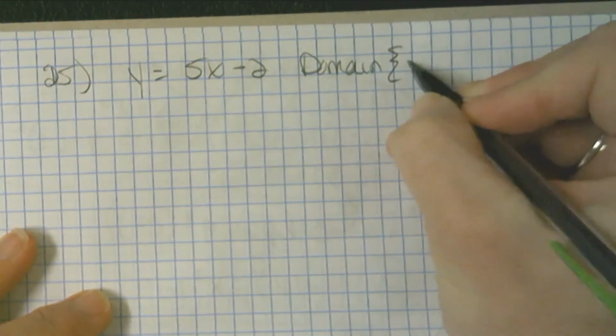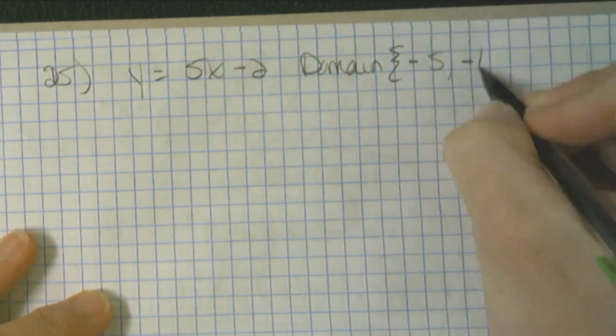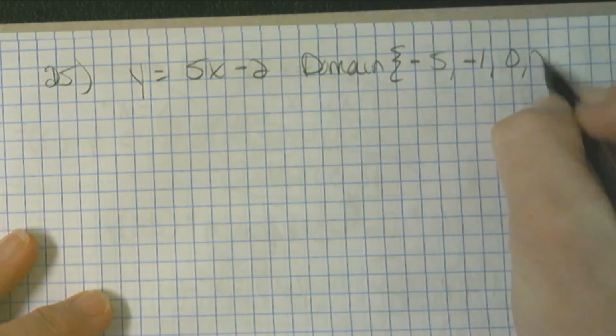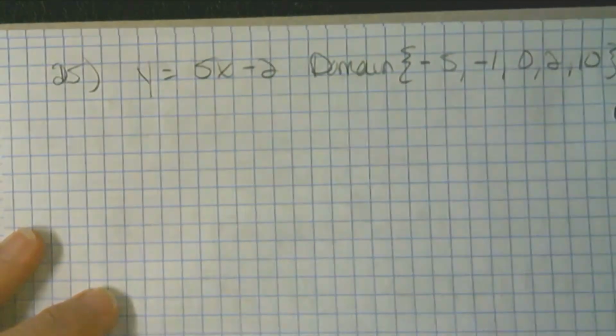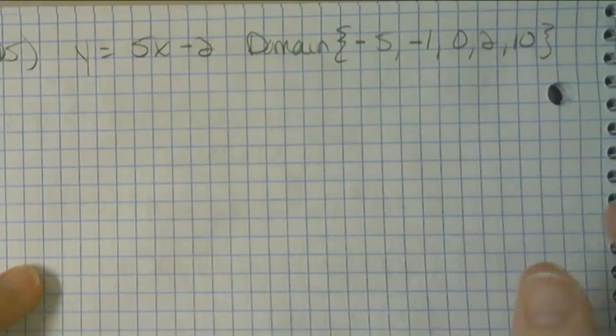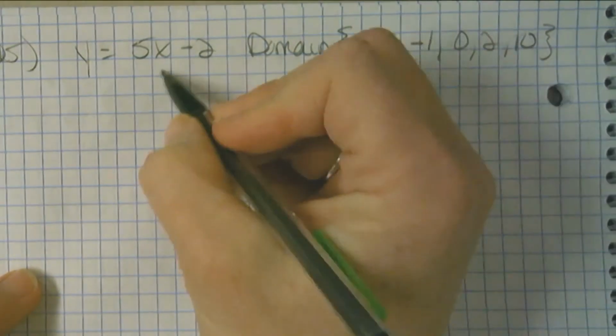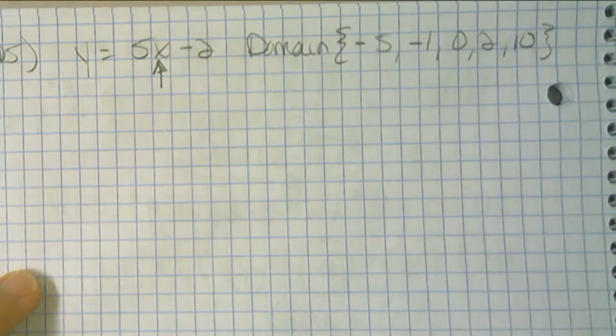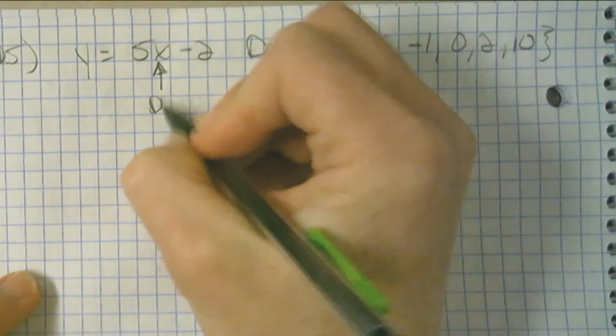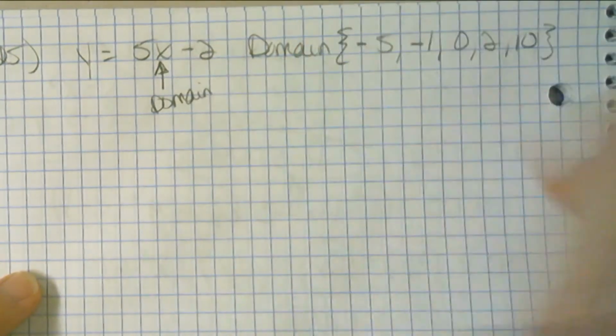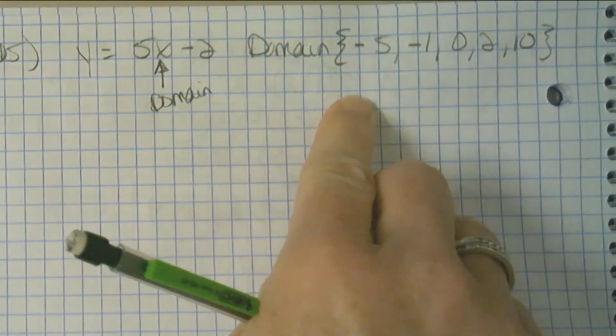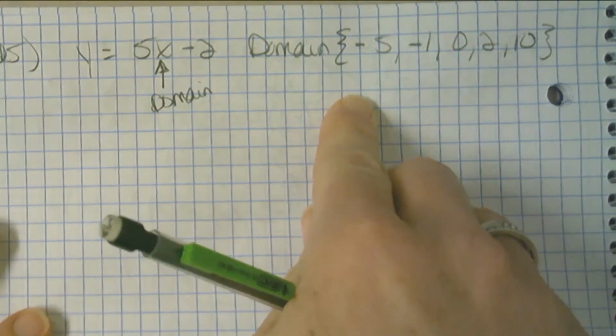So my domain is negative 5, negative 1, 0, 2, and 10. Sam, is this the one you're talking about? Okay. So the domain is the variable that's inside the equation. So that x is my domain. So I need to evaluate this equation for each one of those numbers individually.